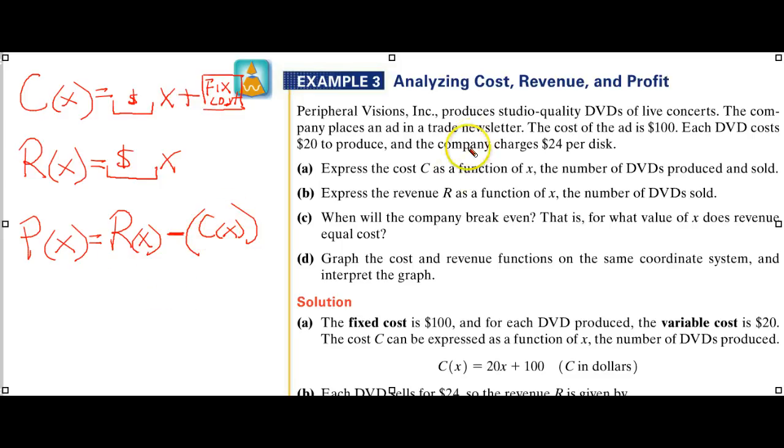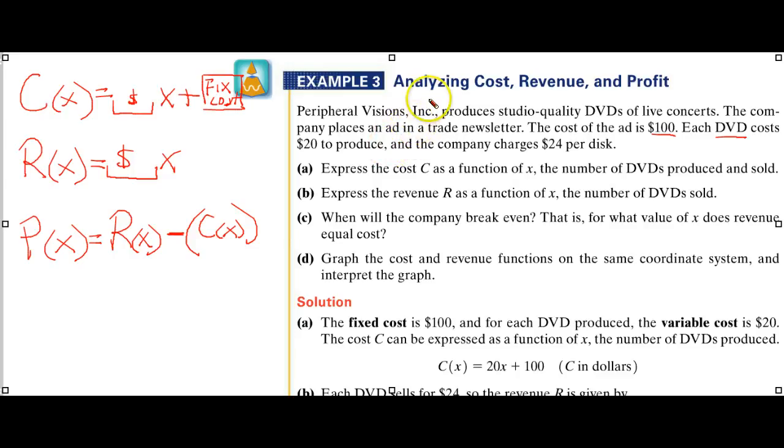So, express the cost as a function of X and the number of DVDs produced and sold. Well, here the company places an ad. The cost of the ad is this. Each DVD costs $20 to produce.